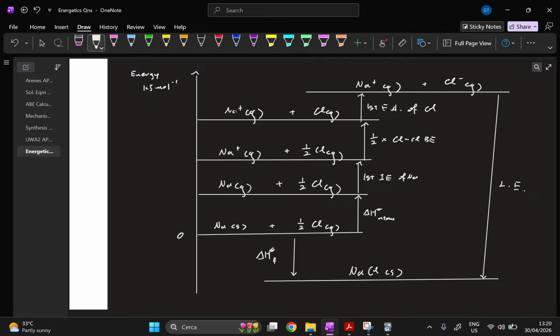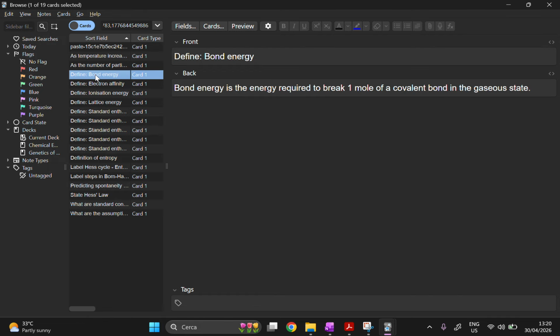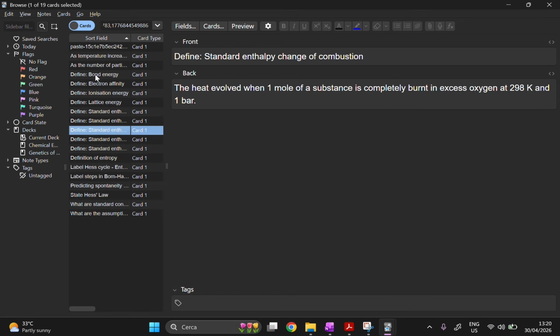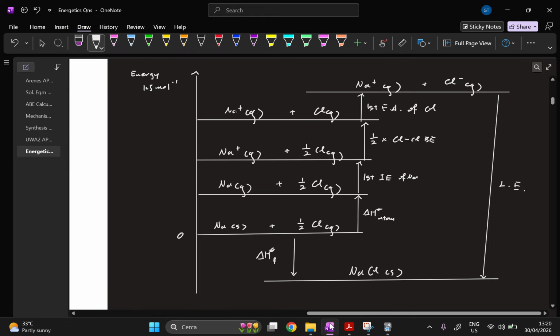So in general, when they give you energetics questions, they can give you all sorts of odd combinations that are technically in your syllabus. By technically in your syllabus, I mean these 9 definitions are the enthalpy changes that you need to know within your syllabus LOs. So more or less any reaction scheme, any Hess cycle that involves one or more of these 9 different types of enthalpy changes, they can potentially ask you.